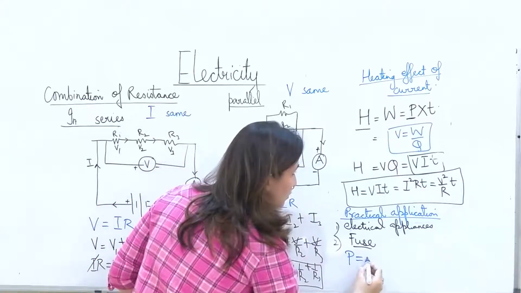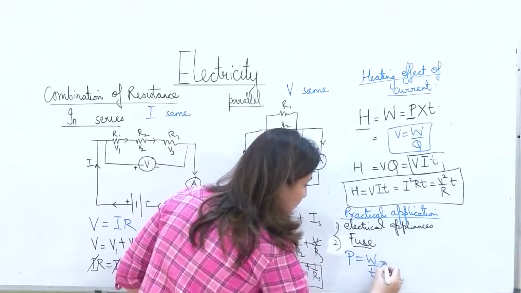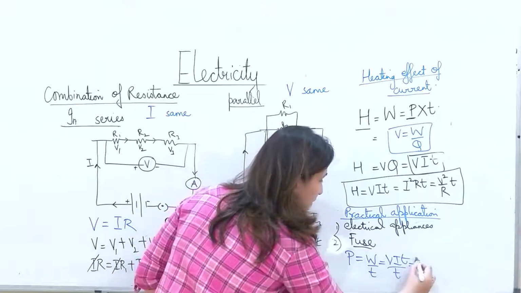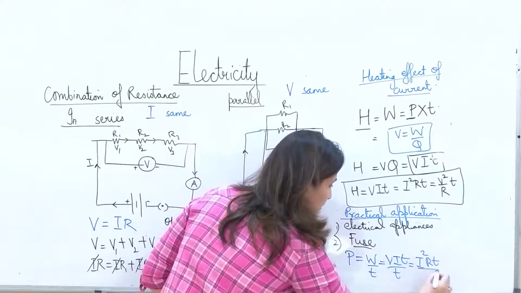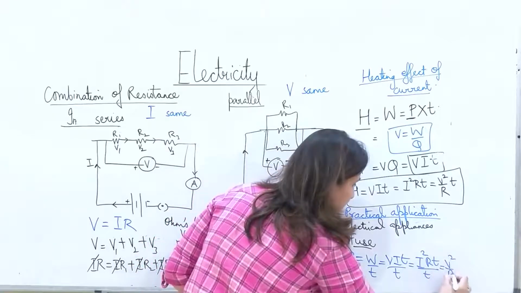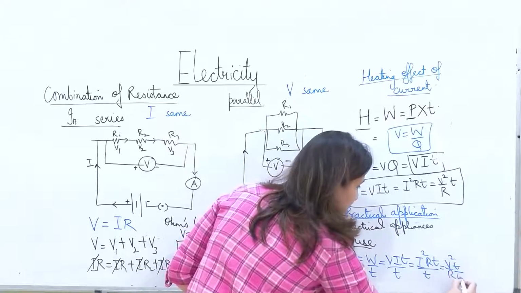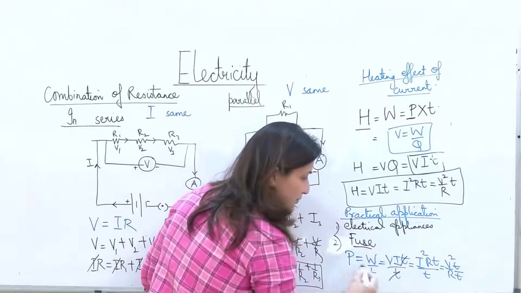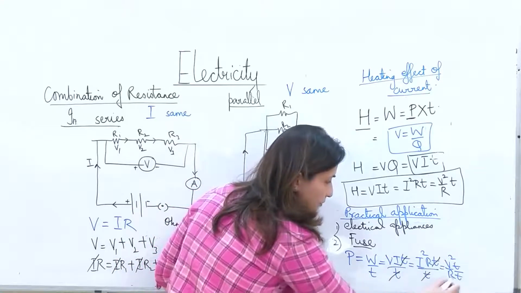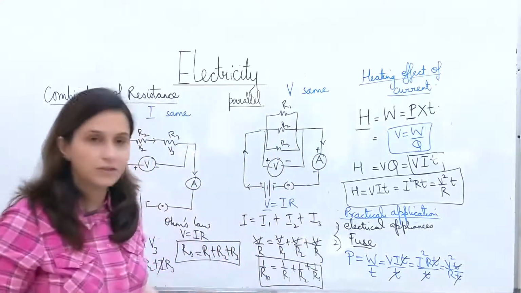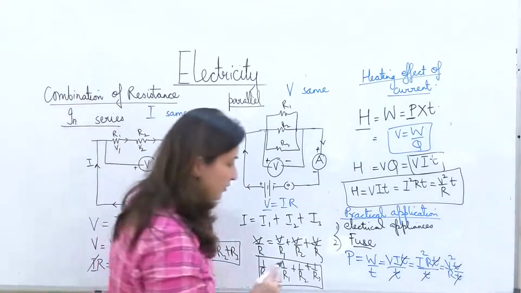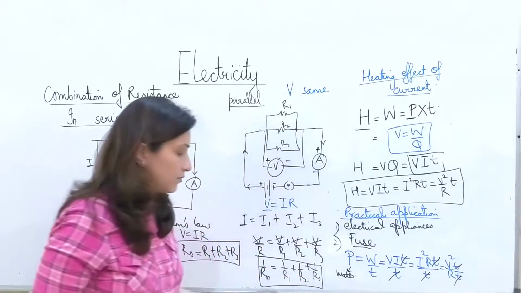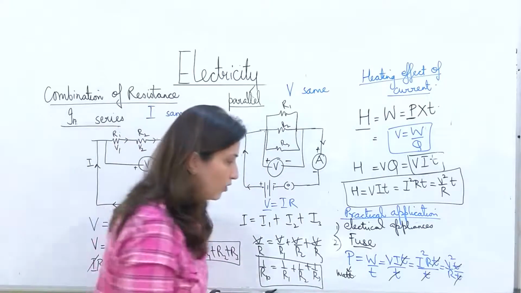Power equals work done upon time, and you know what work done is: VIT upon T, I square RT upon T, V square upon R T upon T. So we have the formulas P equals VI, P equals I square R, P equals V square upon R. So this is the formula for power. And the SI unit for power is watt. 1 watt equals 1 joule upon 1 second.